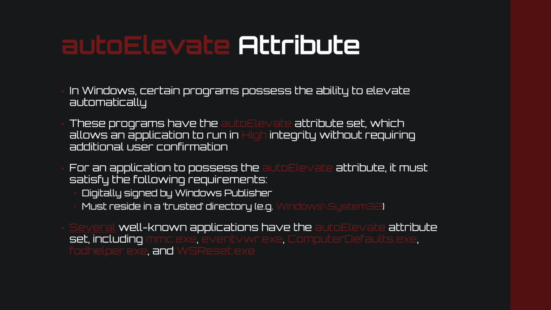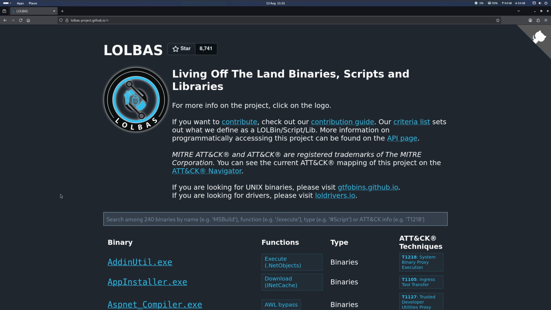Now, assuming these requirements are met, then any applicable application that is launched will be launched in a higher integrity level automatically. Now, there are several Windows native binaries that use the autoElevate attribute to automatically elevate their integrity level.